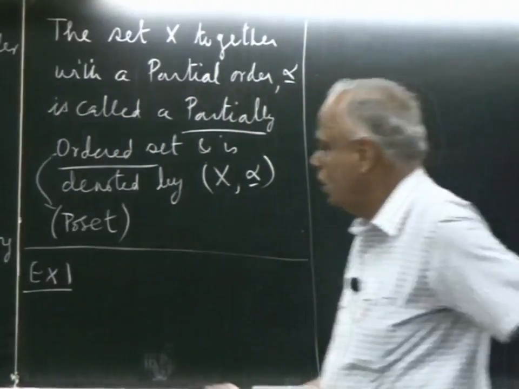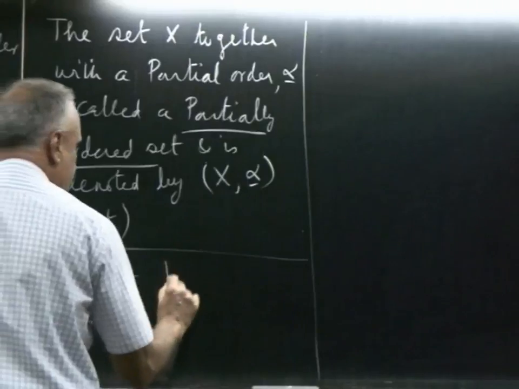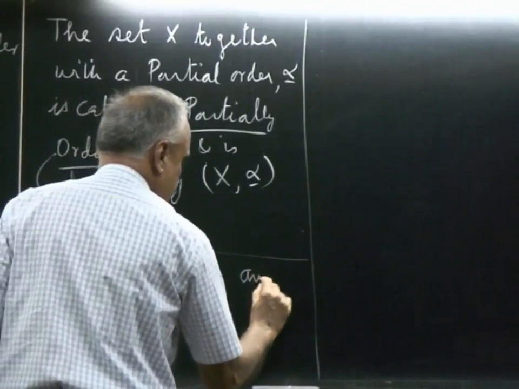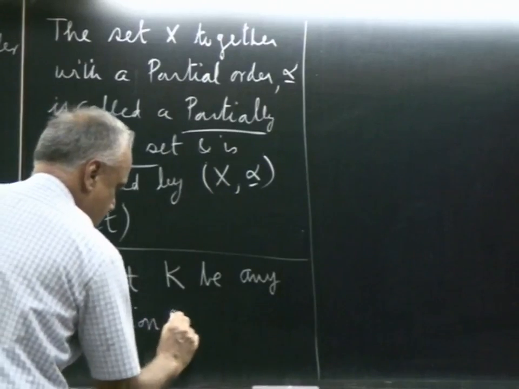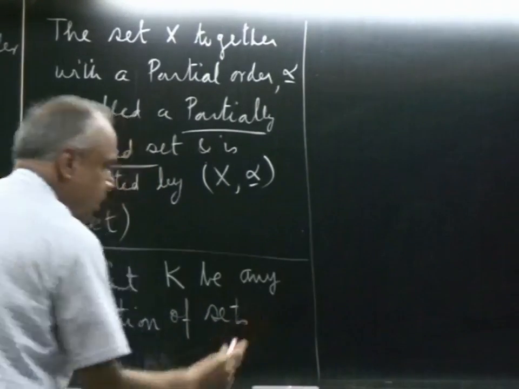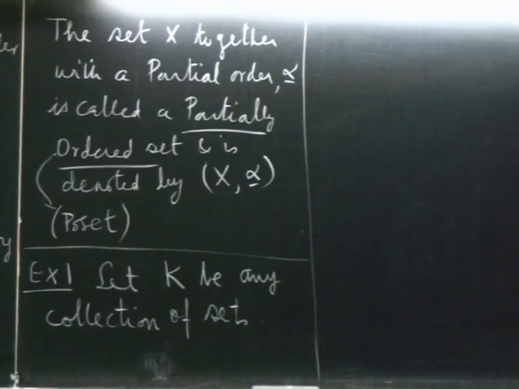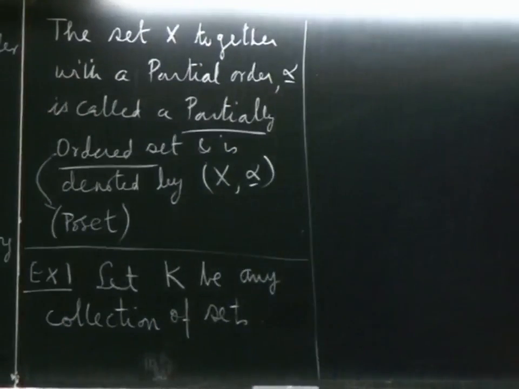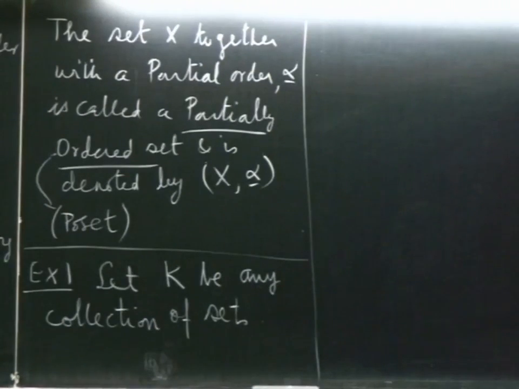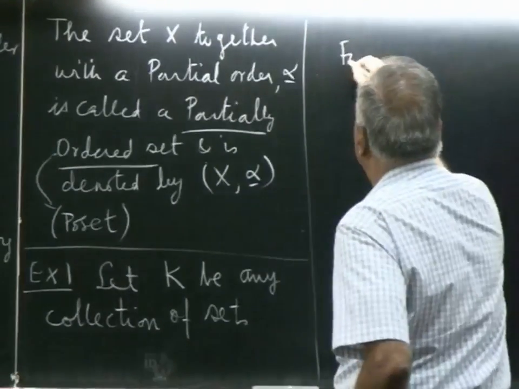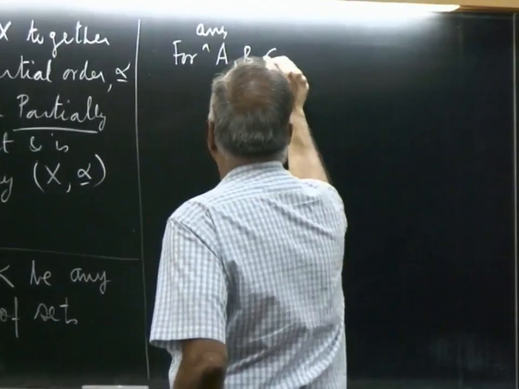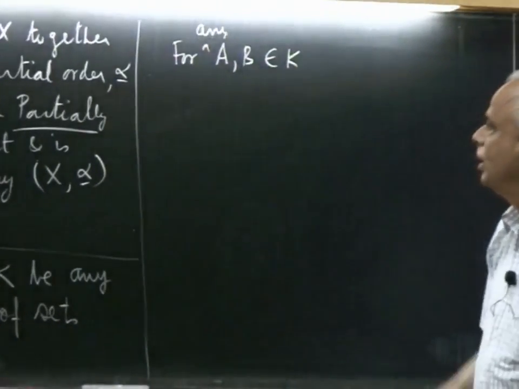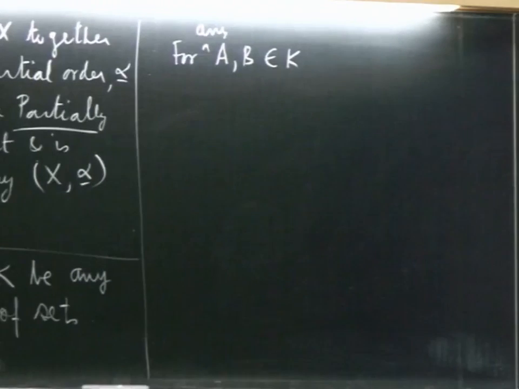Okay. So let K be any collection of sets. K is a set and each member of the set is some set. So it is a collection of sets, and for any A, B in K, so what are A and B?